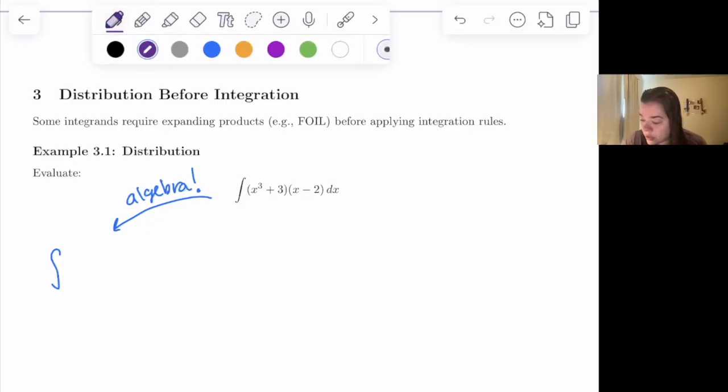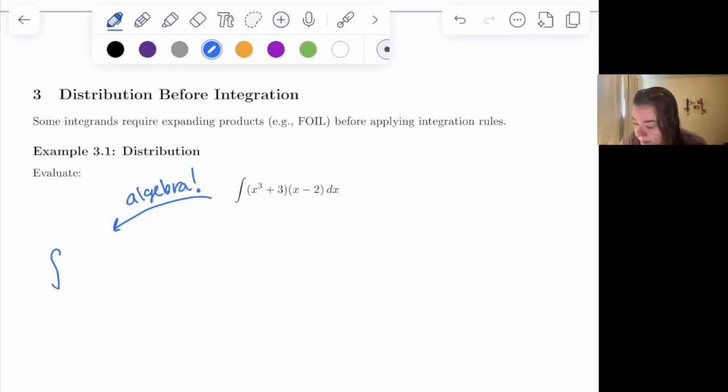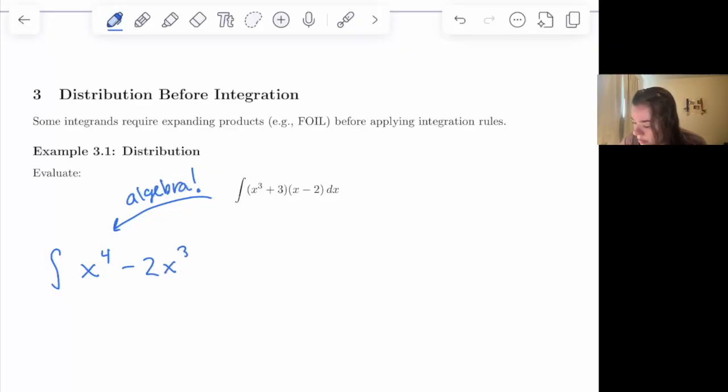Distributing through just looks like every term multiplies through. That's all I'm going to do. I'm going to go through that distribution multiplication process. So I get x to the fourth, I'm just going kind of slow, minus 2x cubed plus 3x minus 6. And then don't forget your dx is there.